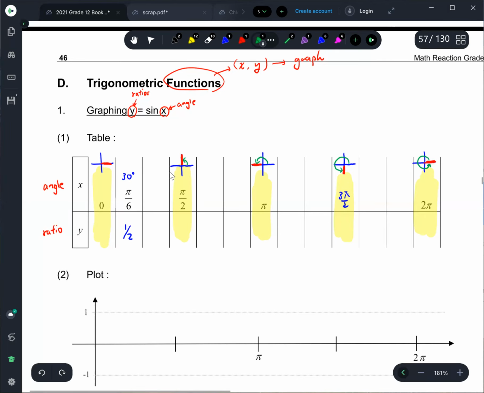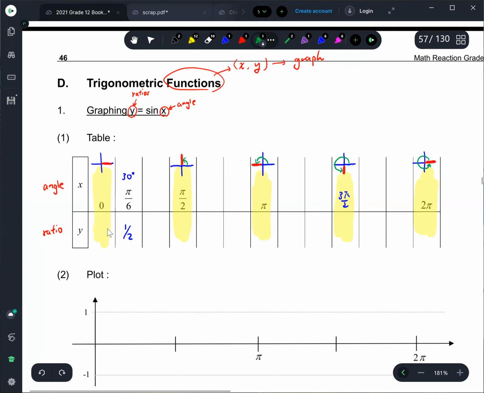Okay, are you guys done writing these down? Okay, so let's find the ratio for each of the highlighted ones.